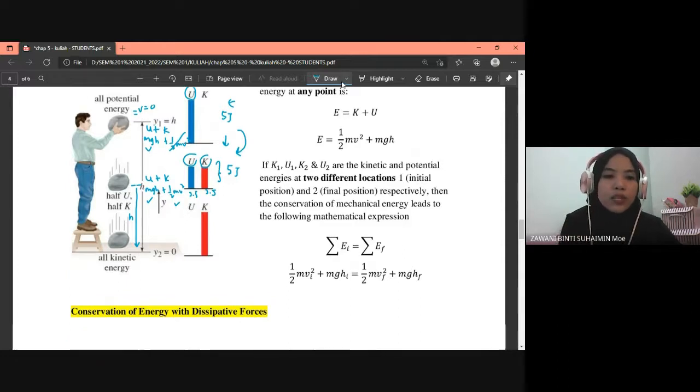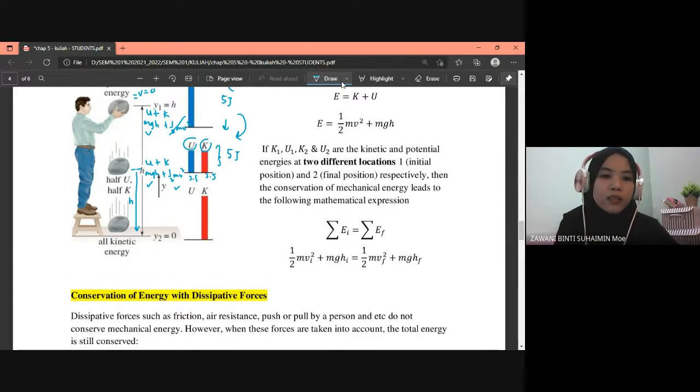Okay, so bila dia dah sampai at the bottom place, just before it hits the ground, meaning dah tak ada H. Pada permulaan dia ada U, dia ada K, tapi kita analysekan dia berdasarkan dia punya situation. Maksudnya dia dah tak ada H, so H ni kita potong, kosong, tapi dia still ada velocity. Maksudnya just before it hit the ground, dia still ada motion kan, lepas tu baru dia tak ada motion.